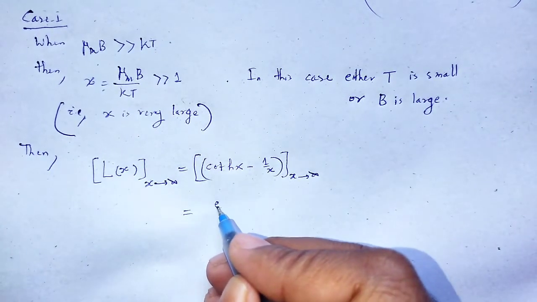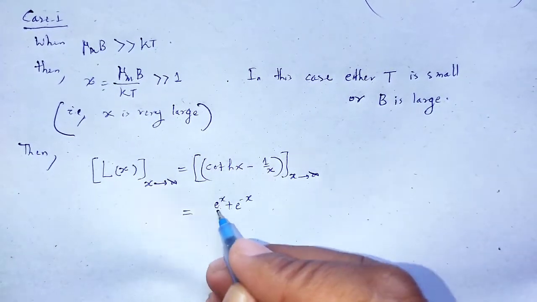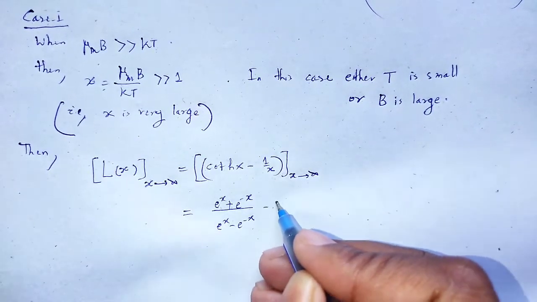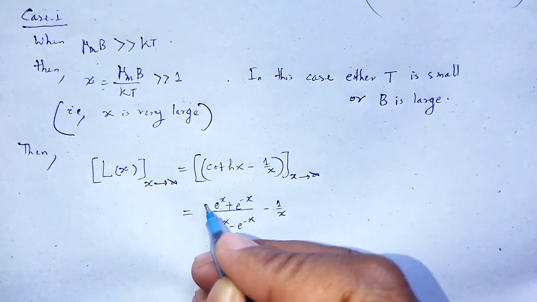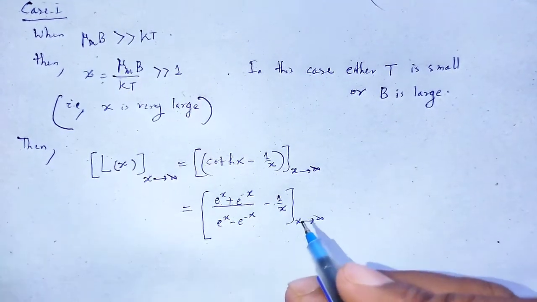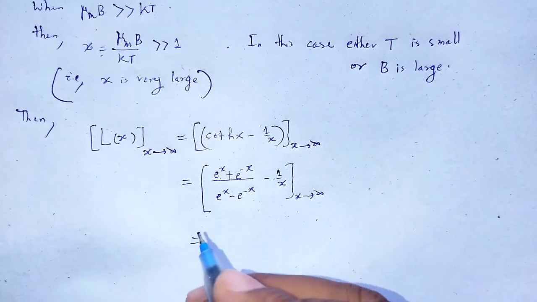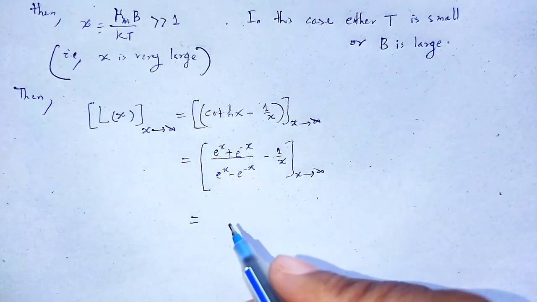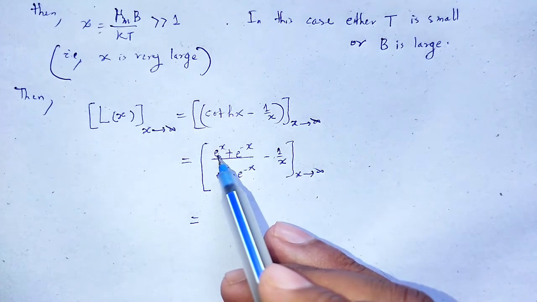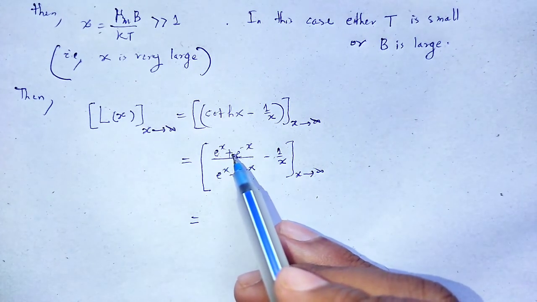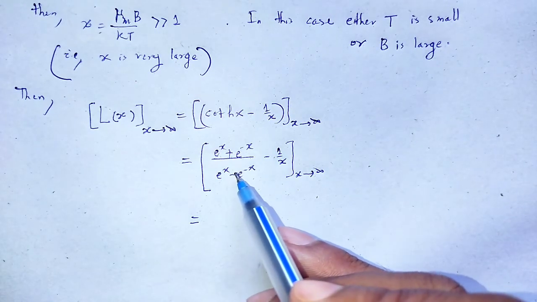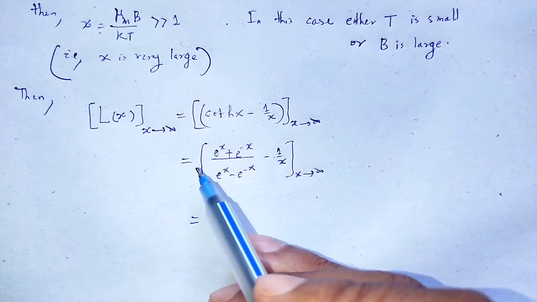Cot hx function is e to the power x plus e to the power minus x divided by e to the power x minus e to the power minus x, minus 1 by x, at x tends to infinity. Taking e to the power x common in the numerator and also e to the power x common in the denominator, these two cancel out.